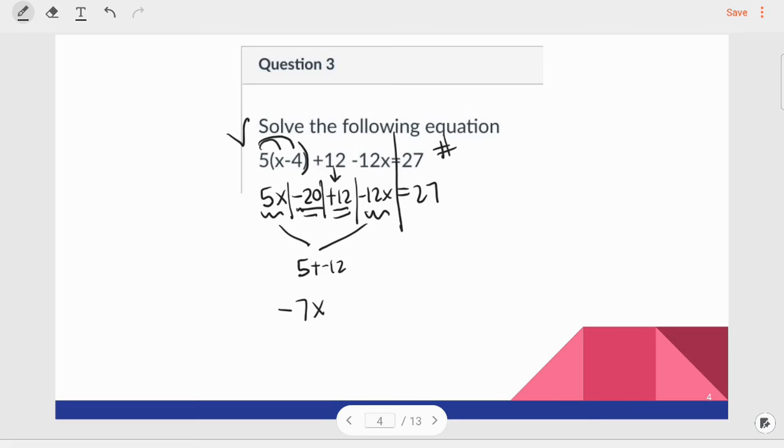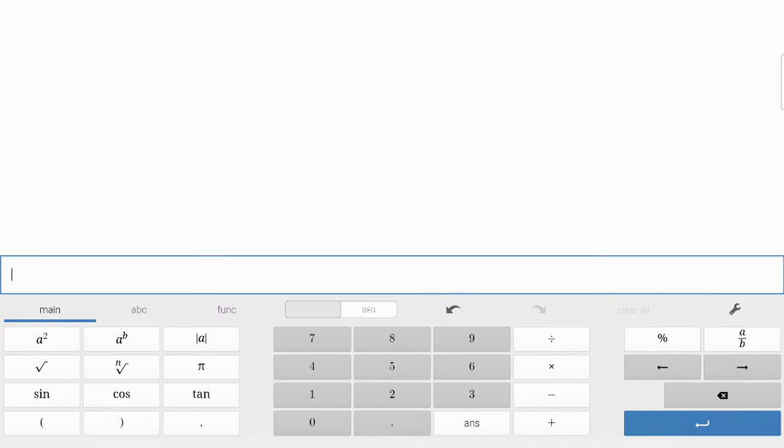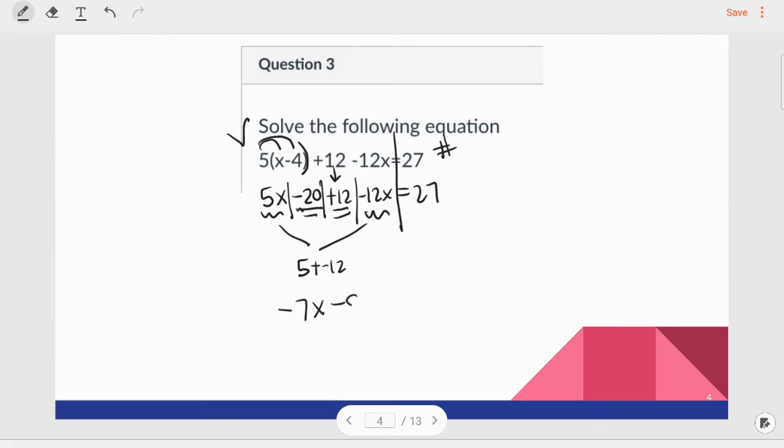So I'm going to combine those as well. And here's where a calculator comes in handy. Negative 20 plus 12 gives me negative 8. That's all that can be simplified on the left, so I'm going to bring everything down that's on the right-hand side, which is equals 27.